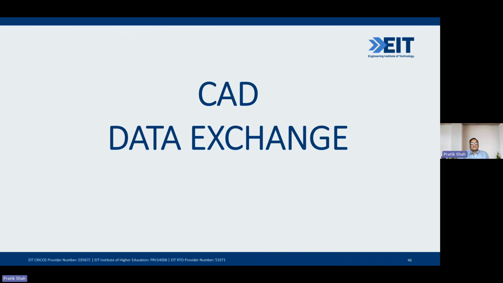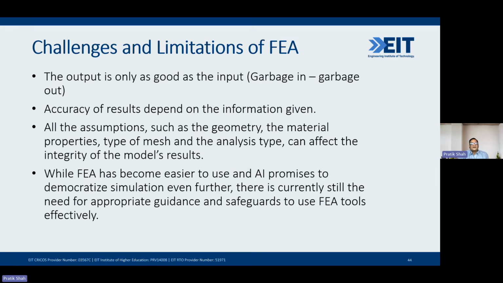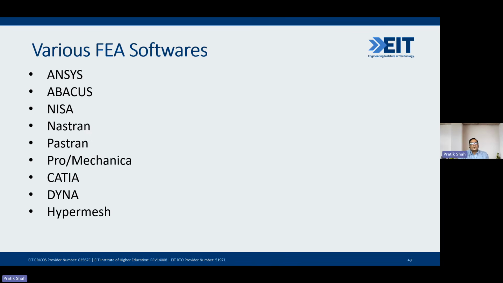With this basic understanding, I would just like to take a small topic, that is CAD data exchange standard, just because I told you that CATIA or say Pro/E or SolidWorks are basically used for modeling. Now there is a need for the output of these softwares to be taken into analysis software or CAM software.